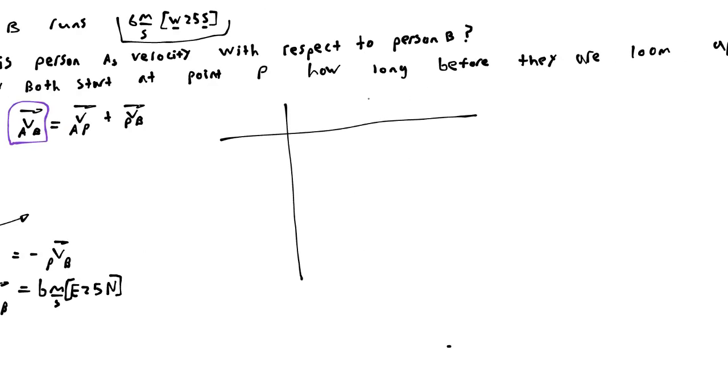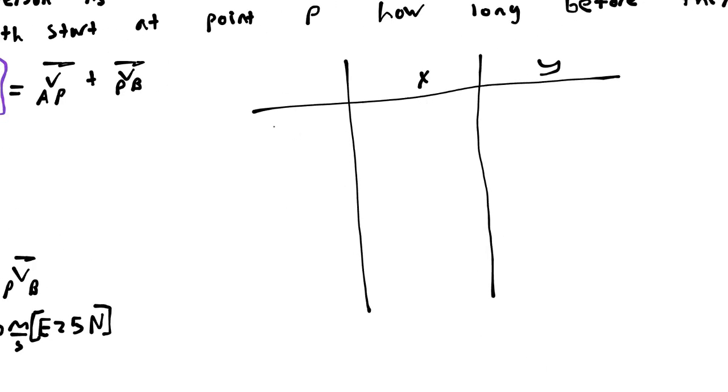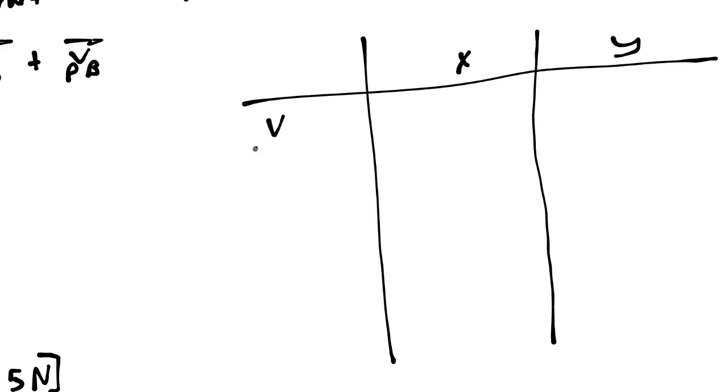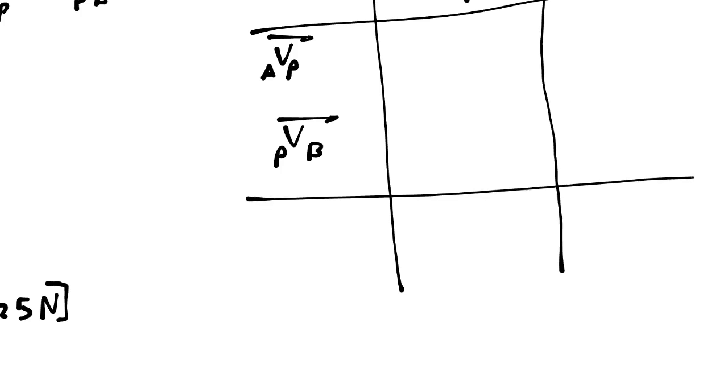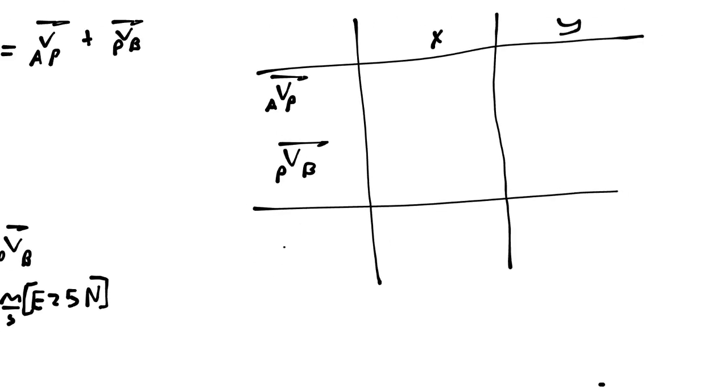So x, y. So velocity A to P, velocity P to B, and then velocity of A to B.